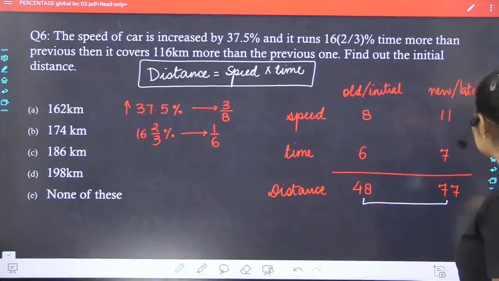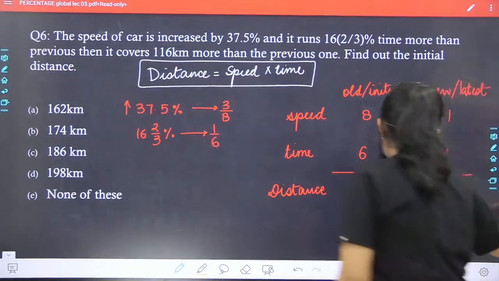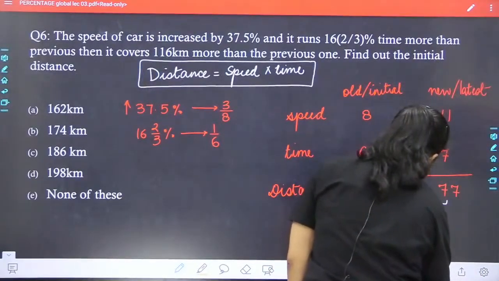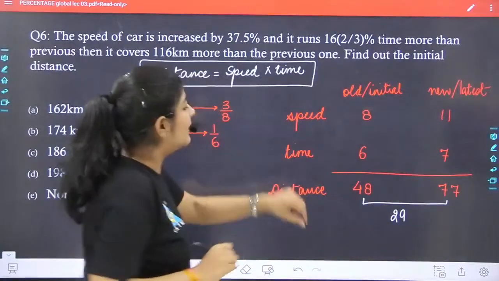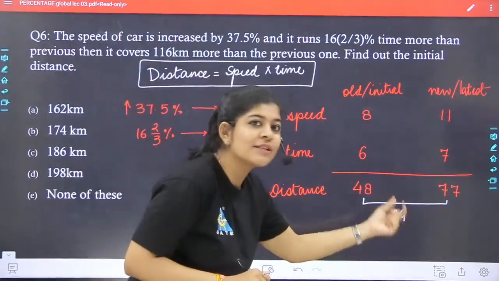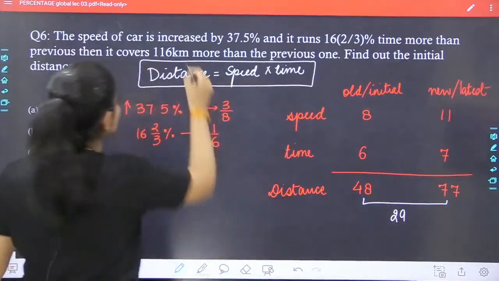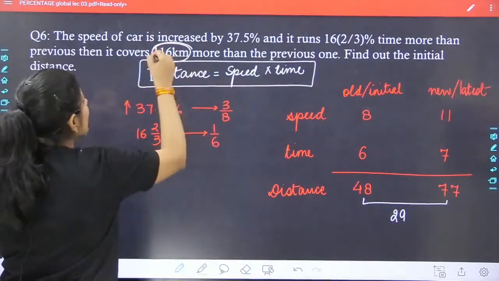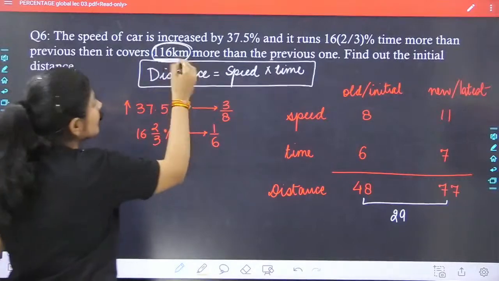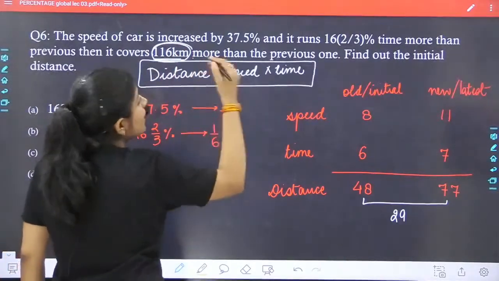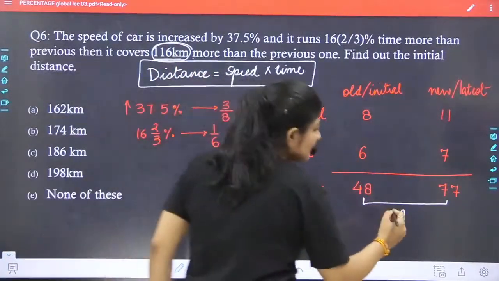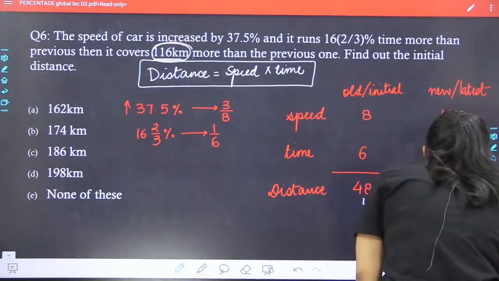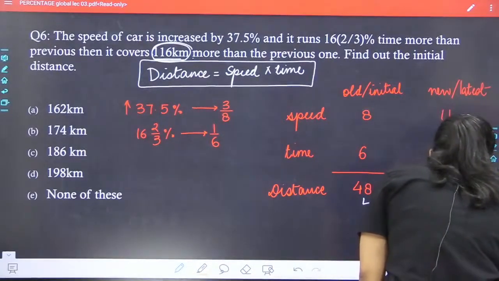There's a difference of 29 here. But it is given that this value is not 29, it is equal to 116, because it covers 116 kilometers more than the previous one. That means the value of 29 is equal to 116.